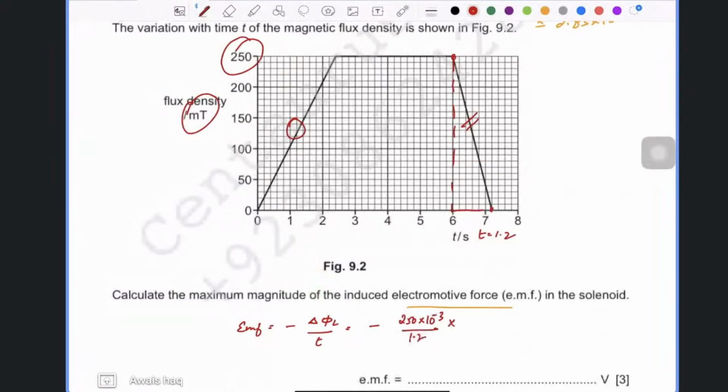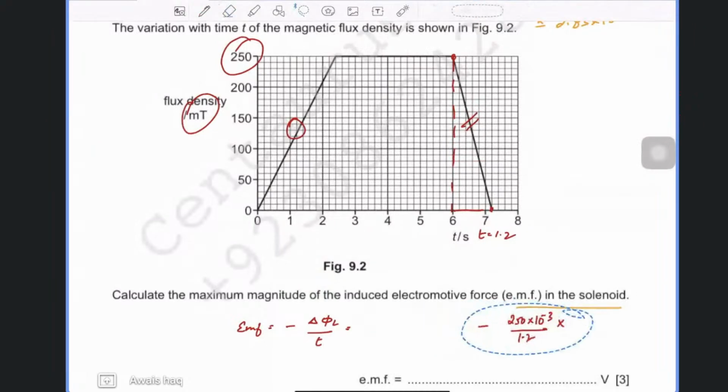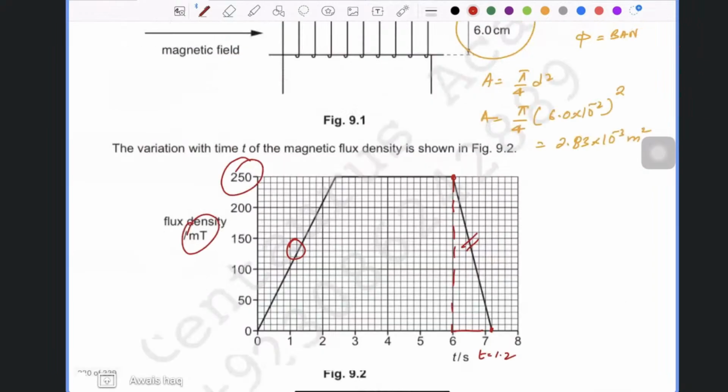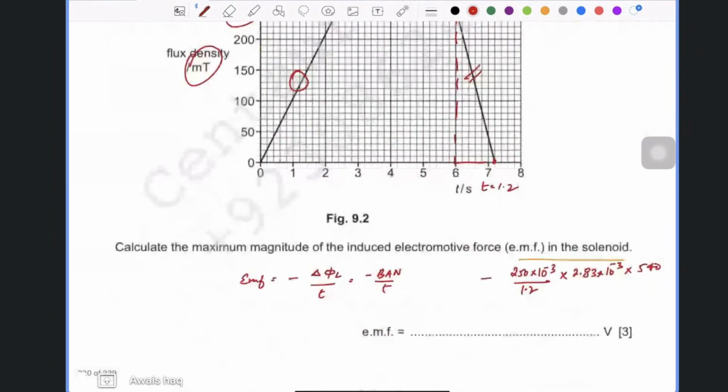So what I'm doing is writing the formula: minus BAN over time. So B is this, A you guys found out to be this one, and N was 640 I believe, yes, and time is 1.2.